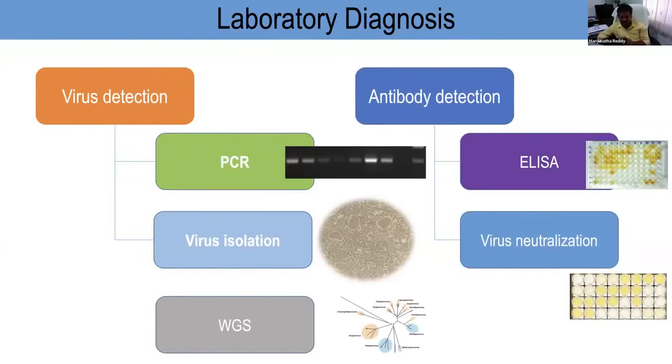Otherwise, it does not have much role, because as I was saying earlier, in sheep and goat pox, cell-mediated immunity plays a major role. Hence, antibody detection has less importance, but it is important in knowing the burden of the disease, as well as whether the disease is due to vaccination or infection.